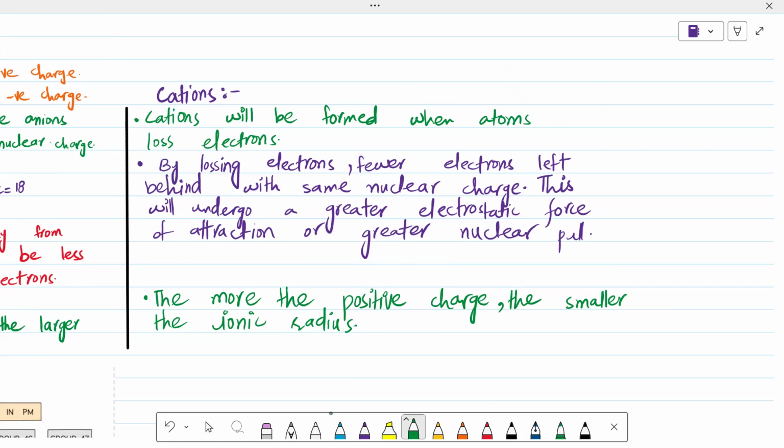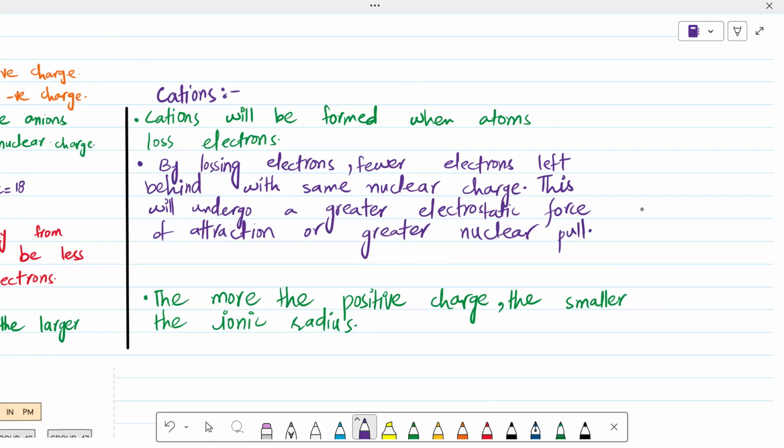Since there are fewer electrons, they experience a greater electrostatic force of attraction, or you can say there will be a greater nuclear pull. Both are acceptable. I will tell you why I have written about the electrostatic force. Firstly, complete your statement, then I will tell you.